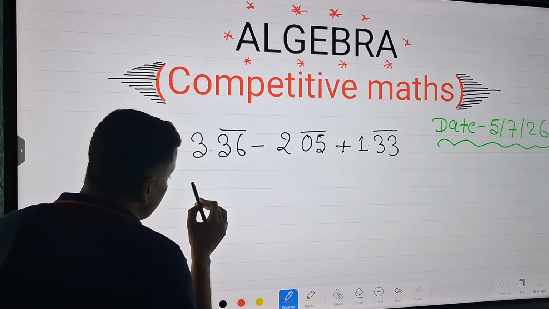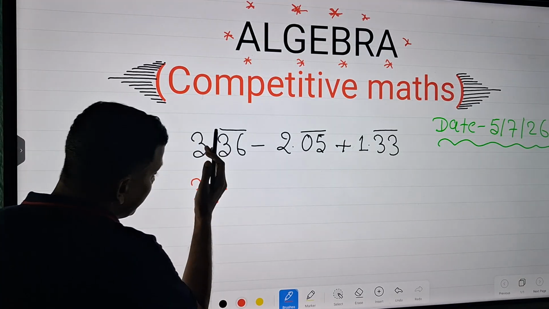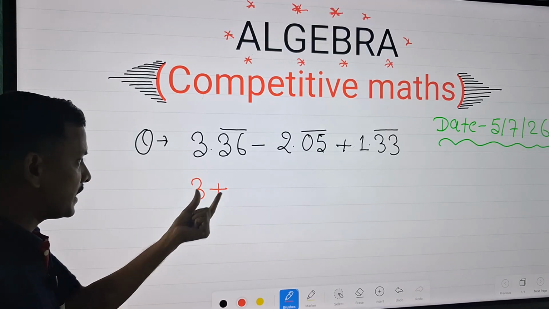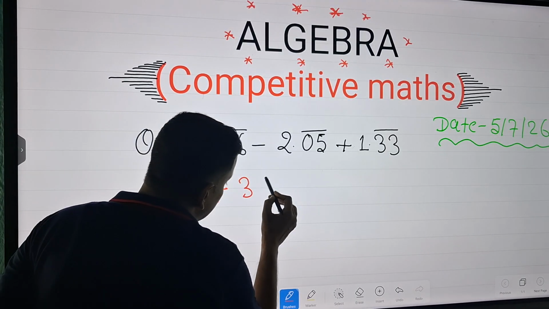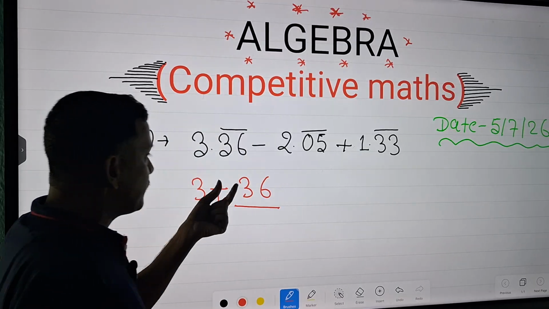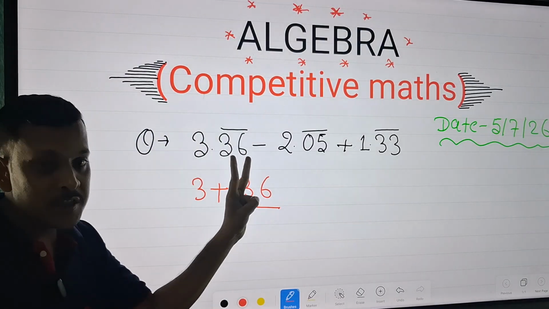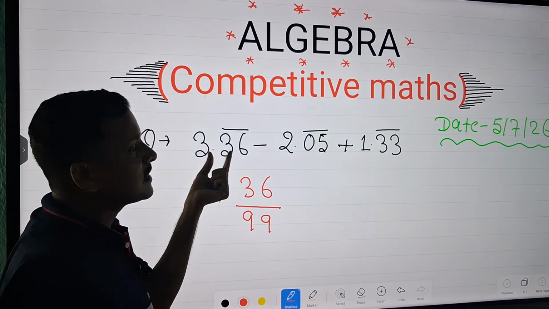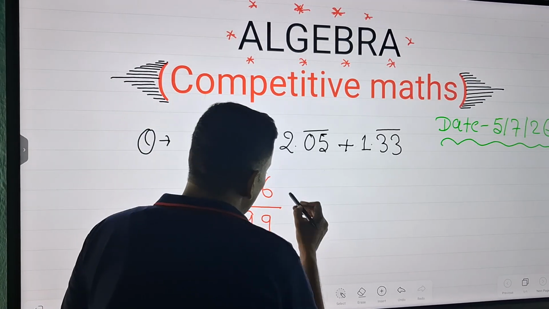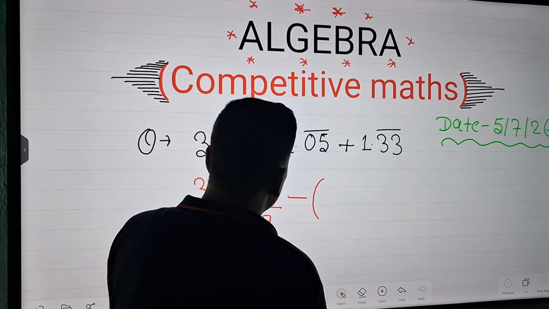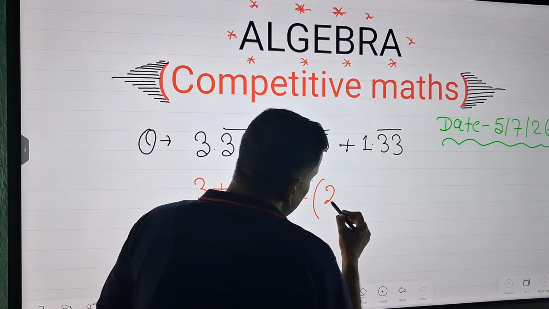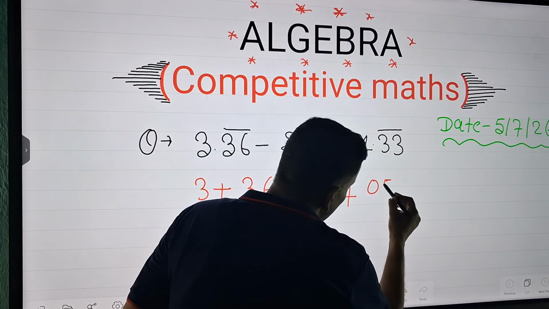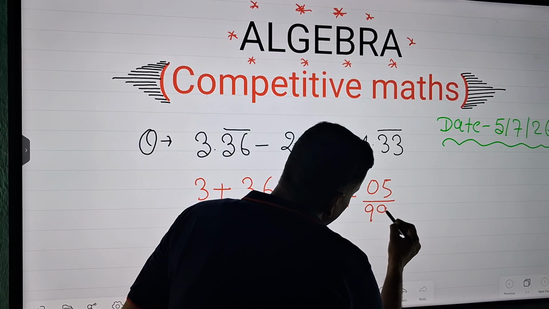You have to write, for this, 3 plus, before the decimal. You have to write like this: 3 plus 36 divided by, since the recurring is on 2 digits, 9 in the denominator, because these digits are repeating. For the minus, you have to take it outside, and for this you have to write 2 plus 05 by 9.